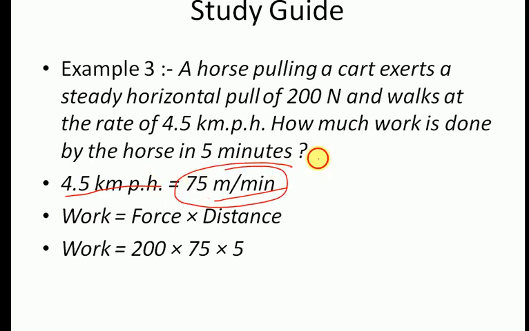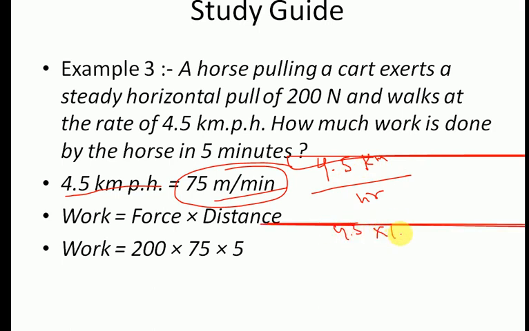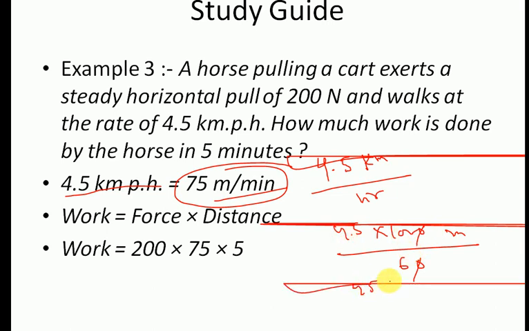How did it come? 4.5 kilometer per hour: 1 kilometer means 4.5 into 1000 meter, and 1 hour means 60 minutes. So 450 divided by 60 will be 75 meter per minute.